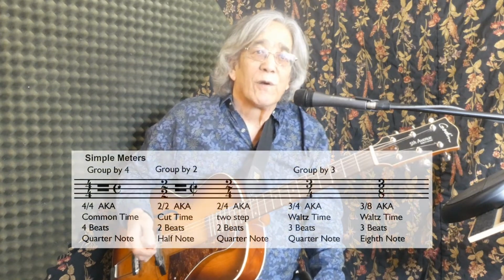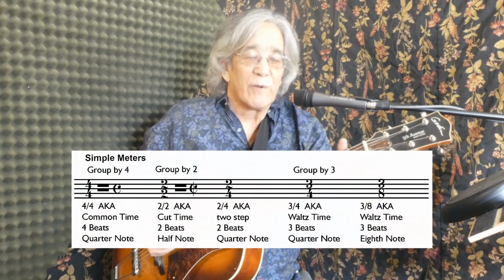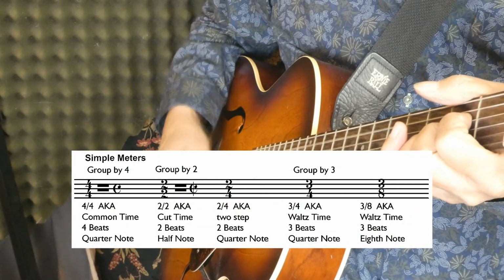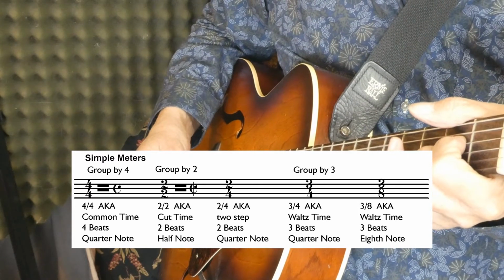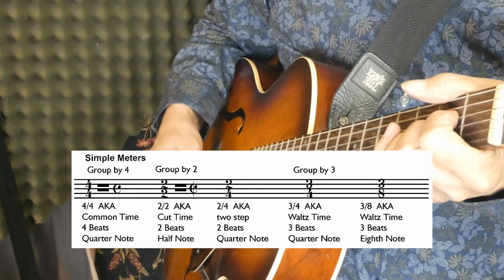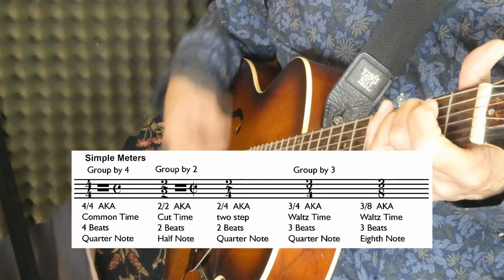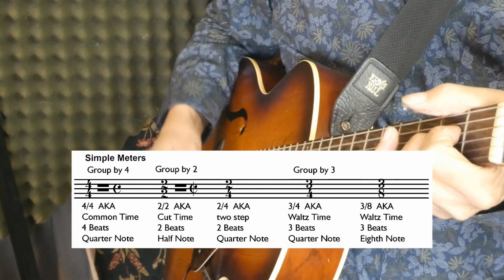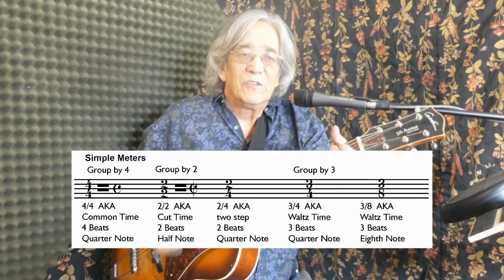Now, music can also go half as fast. If I'm counting in 4, 1, 2, 3, 4, I could also count in 2. 1 and 2 and 1 and 2 and 1 and 2 and 1 and 2.